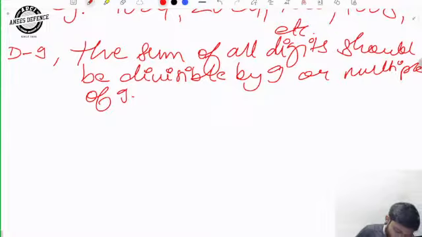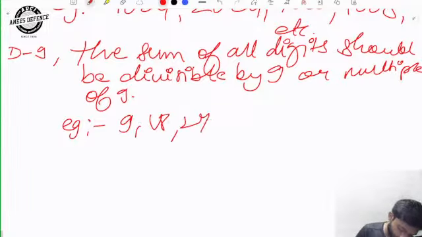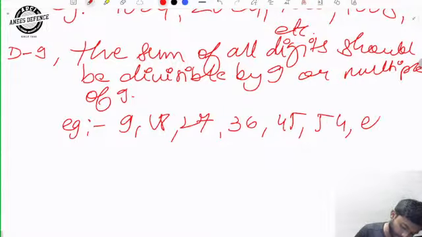If you see the nines table, it goes like 9, 18, 27, ignore my handwriting, 36, 45, 54, etc. You won't see the complete table.